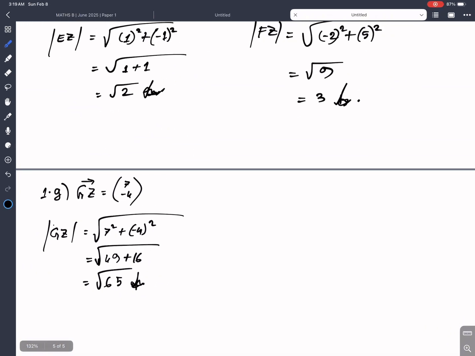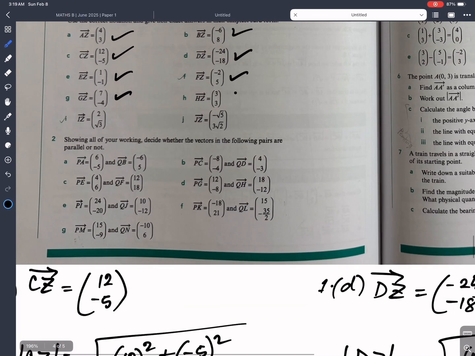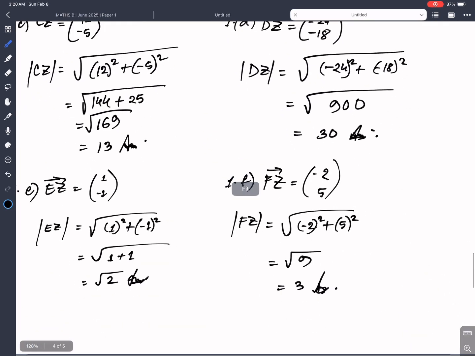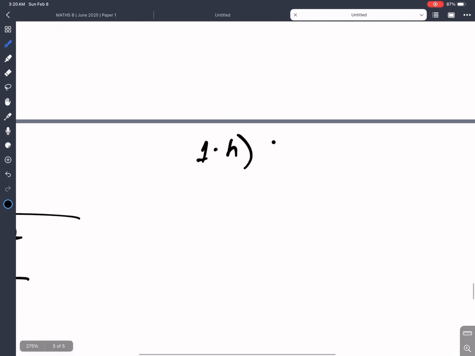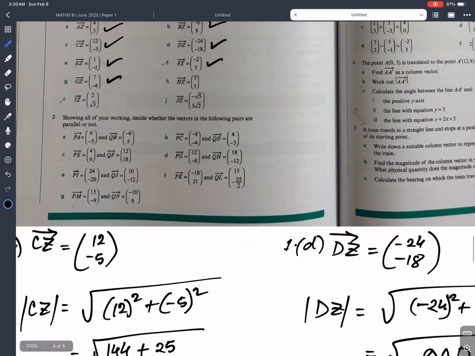After 1G, we have 1H. HZ, (3, 3). No negative 3, right? Let me check again if I'm missing it. Okay.